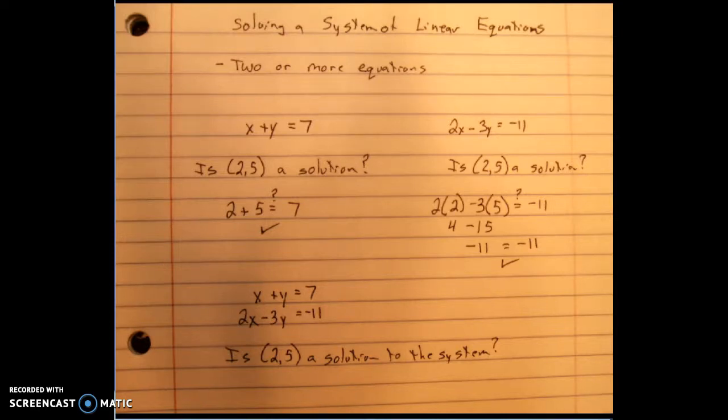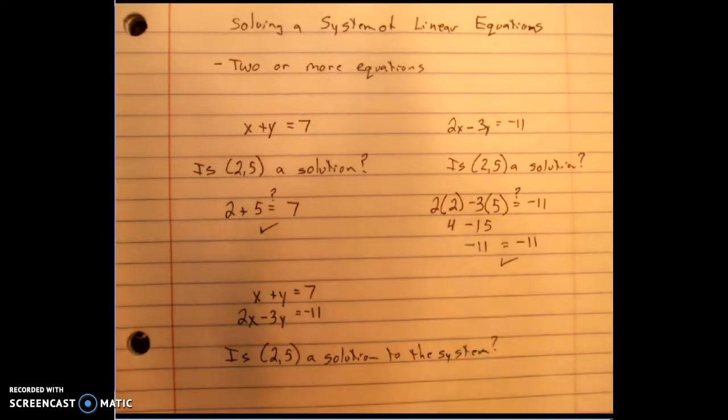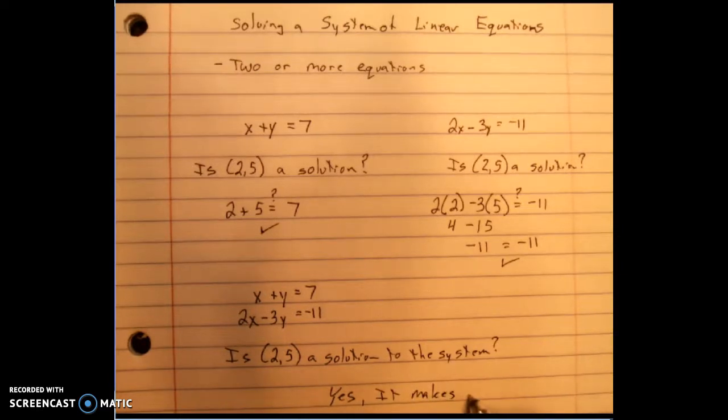Well, we'd plug it into each equation individually and test, is it a solution? And of course, we've already checked this. The answer is yes. And if I said explain, it makes both equations true.